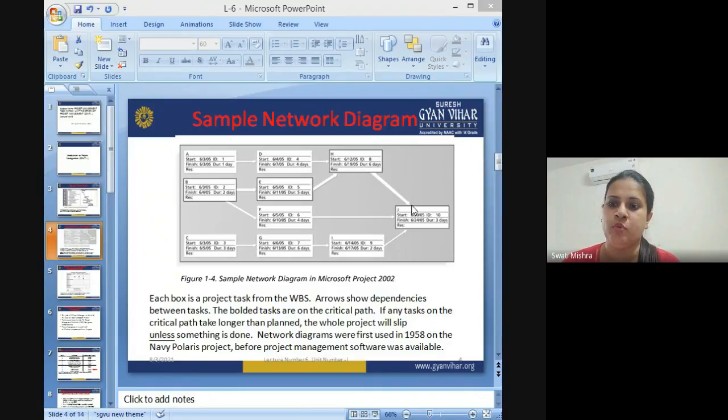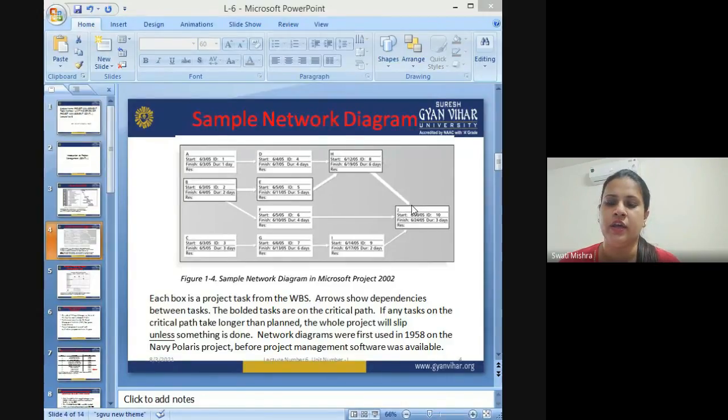The bolded tasks are actually on the critical path. If you can see the bolded tasks, which are B, E, H, and J, the ones in the boxes with the black outline, they are forming the critical path.